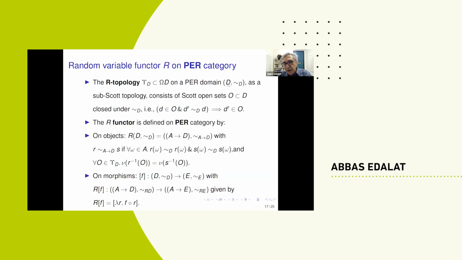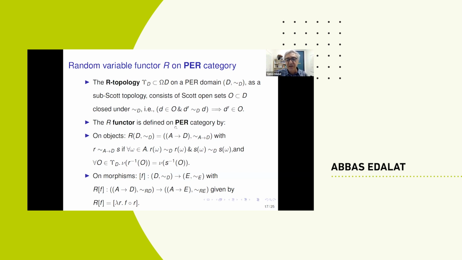So D is a Scott domain, so it's got a Scott topology. The R topology consists of Scott open sets that are closed under the PER, the partial equivalence relation, which means that if d belongs to an R open set O and d' is equivalent to d, then d' also should be contained in the R open set O. So it's a very simple natural definition.